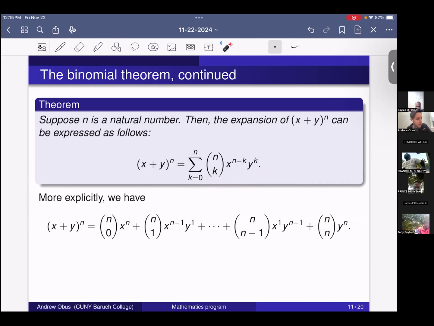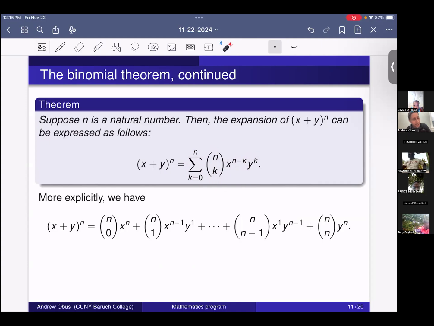So in summation notation, this is maybe a little bit opaque to read if you haven't seen it before, but it's the sum from k equals 0 up to n of this n choose k, this binomial coefficient, times x to the n minus k times y to the k.